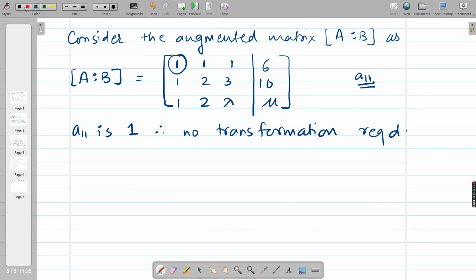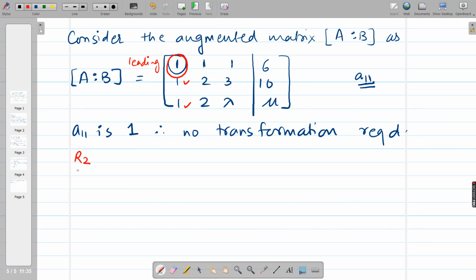Now the elements which are below this leading one, this is my leading one. And these two elements which are below this leading one, I want to convert them to 0. I want to reduce them to 0 using this one. And therefore my row transformation would be R2 I'm going to change.